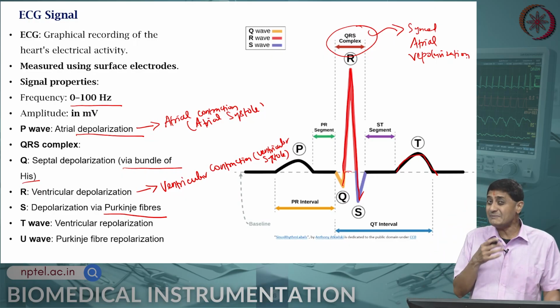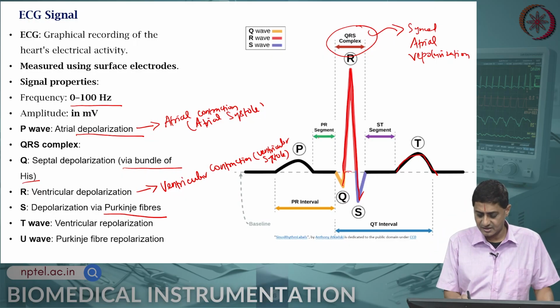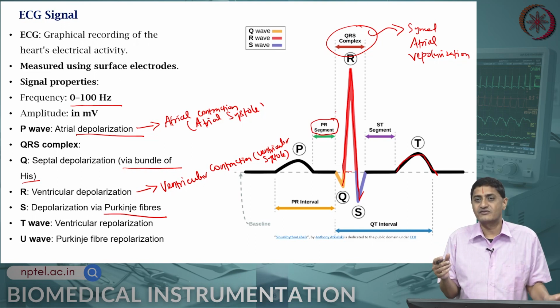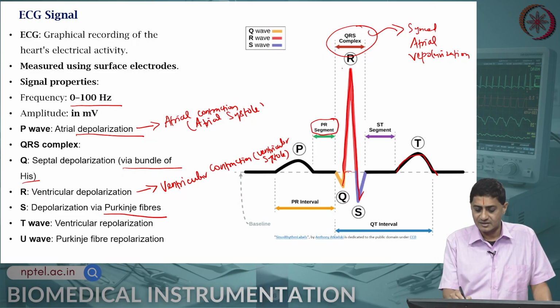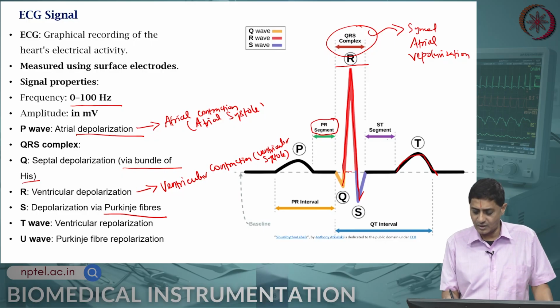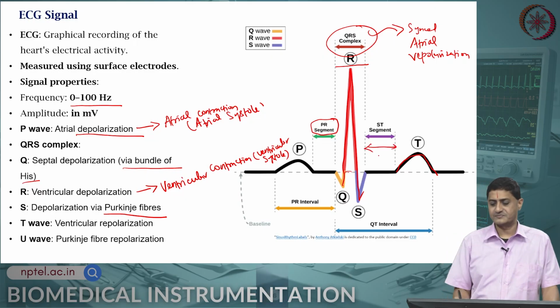Meanwhile, there are some timing related parameters that we could study. For example, the PR segment, the duration, how much time it takes between P and R. The QRS segment, how long does it last, and how long does the ST segment last.